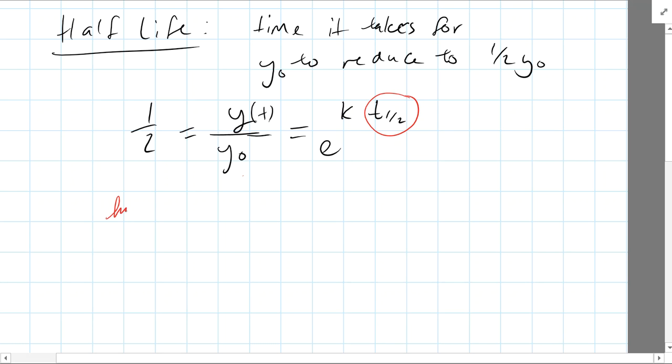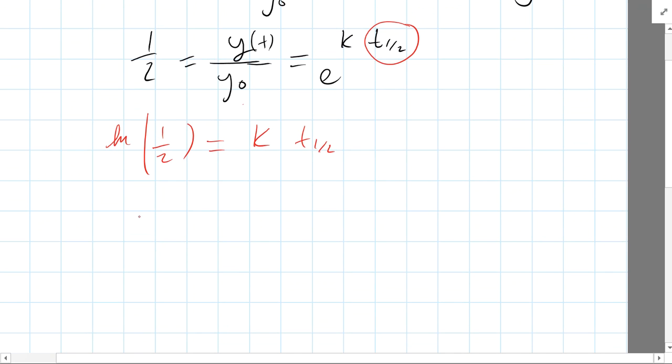I'm going to do natural log of the absolute value of a half, which is positive, equal to natural log of e to the k times the half-life, and I undo it, so it's just k times the half-life. If I want k, k is equal to natural log of 1/2 over the half-life, every single time.